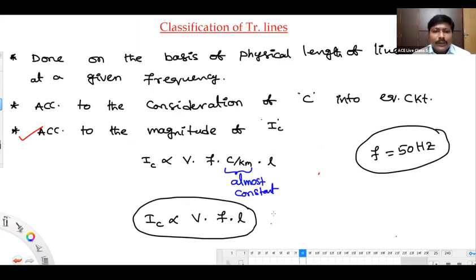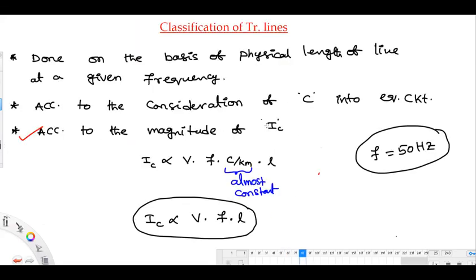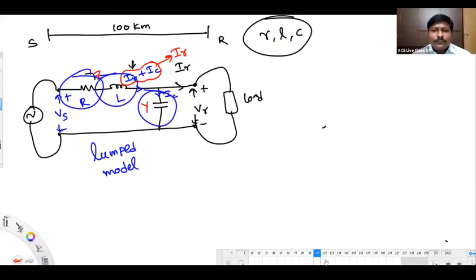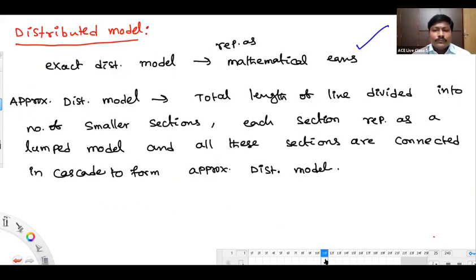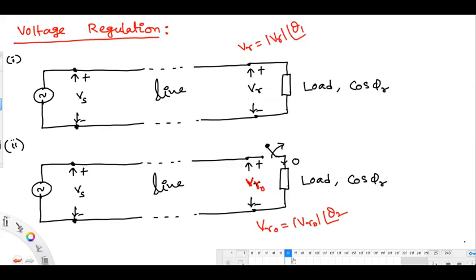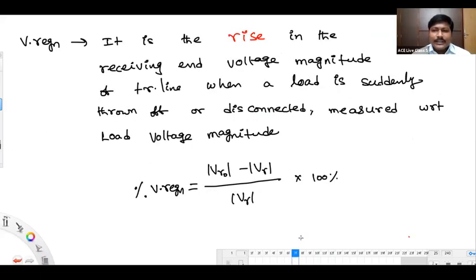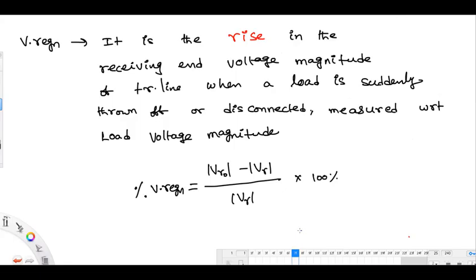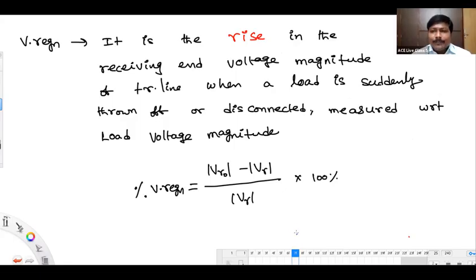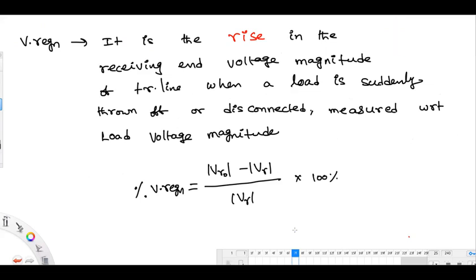Okay, sir. And in voltage regulation, you said VR naught minus VR by VR. Sir, if the VR naught is taken at the transient time, right? No, sir, it's not in transient time. It's in steady state only. It has to be disconnected and it has to settle down. How is VR naught greater than VR, sir?